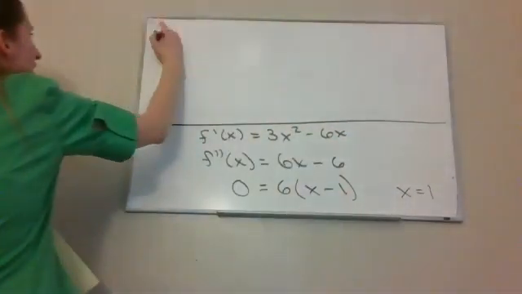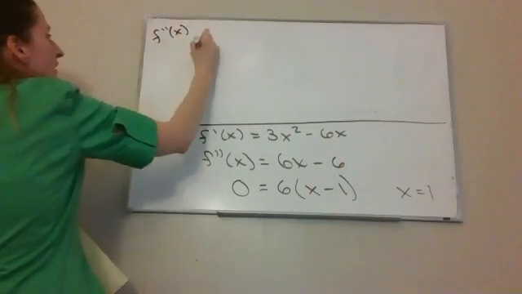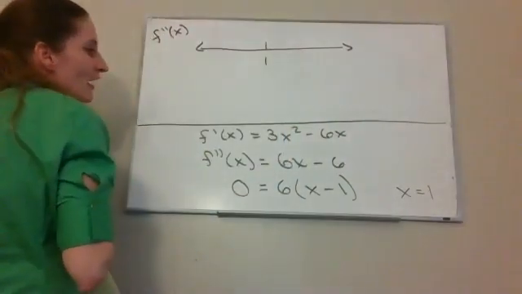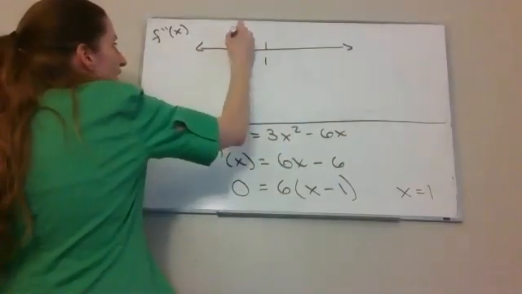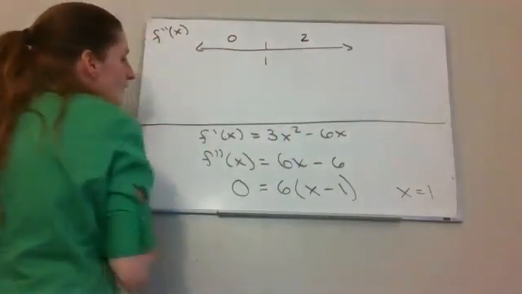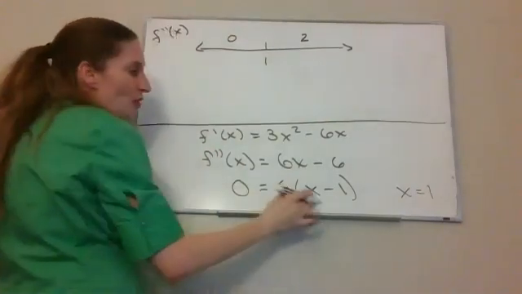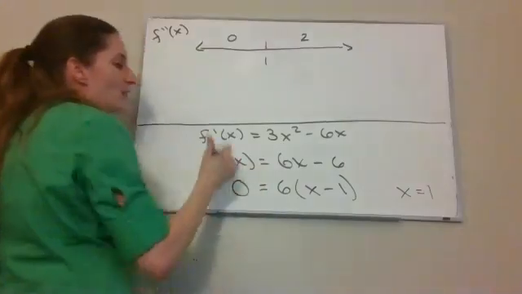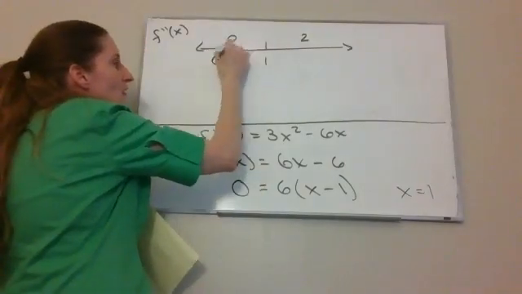So I'm going to make another number line. This one I'm going to label with my second derivative. And I only have 1 point on it, x equals 1. I need to check stuff on both sides, so I'll use 0 and 2. If I plug a 0 into this second derivative, I get 6 times negative 1, which is negative.